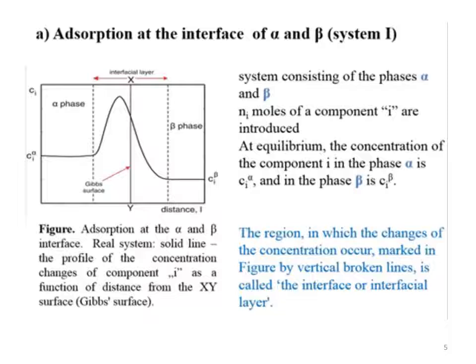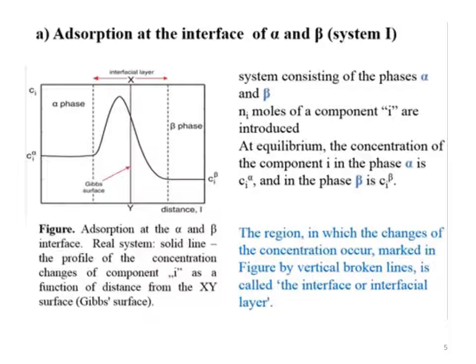Then Ci alpha, the concentration of component I in alpha phase, remains constant until the dotted line of the interfacial layer. When we cross the dotted line from left to right, suddenly an increase occurs, the concentration increases, and the stoichiometric calculation deviates.